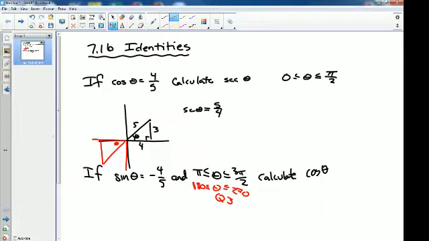Sine is opposite over hypotenuse. Why is the 4 negative? Not the x value. It's the y value, yeah. So the y is negative below the x-axis, correct? Yeah, so we're in the negatives there. That's what the negative is denoting. It's just a position. Okay? No, that line is not negative 4 units long. It's not possible. It's just telling you it's below the x-axis.